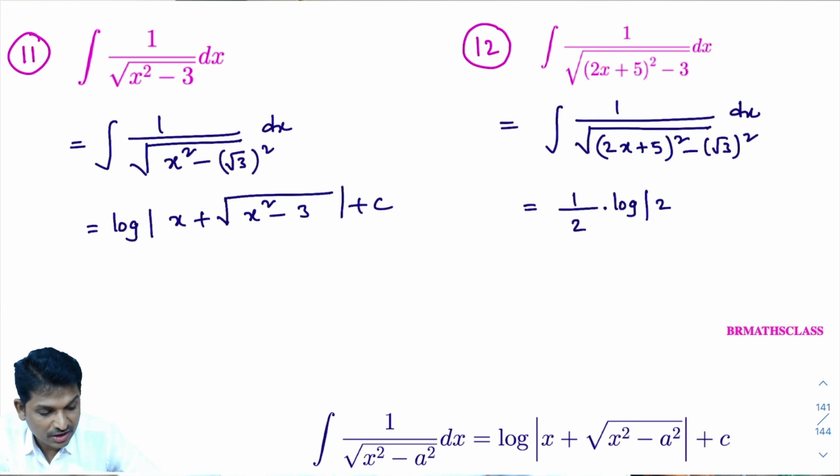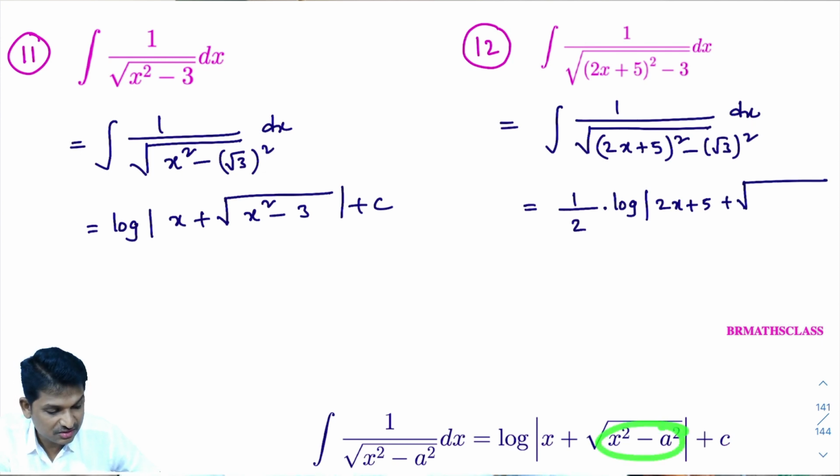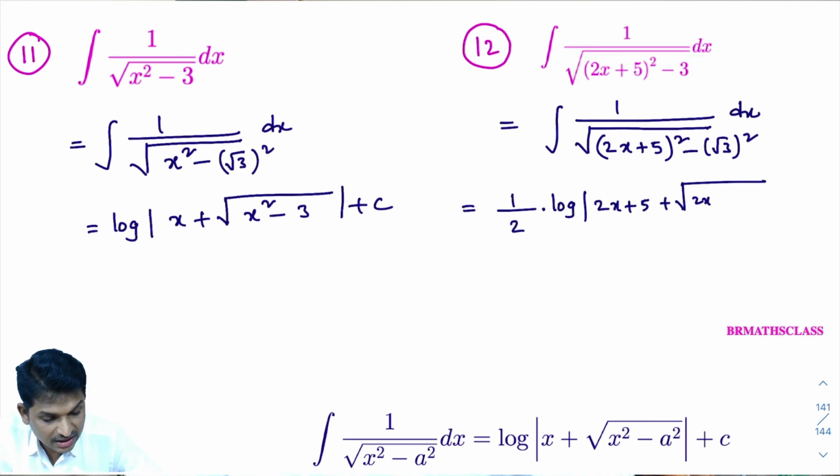Write 2x plus 5. 2x plus 5 plus root over x square minus a square. You observe, in the question also x square minus a square is there. Here also x square minus a square is there. Right? Now, what is this x square minus a square? Write it. So, that is 2x plus 5 whole square minus 3 plus c.